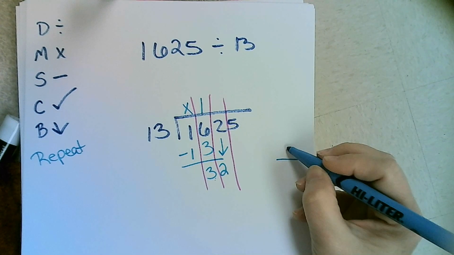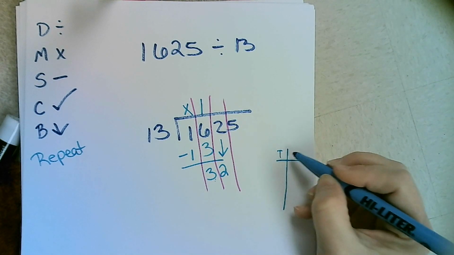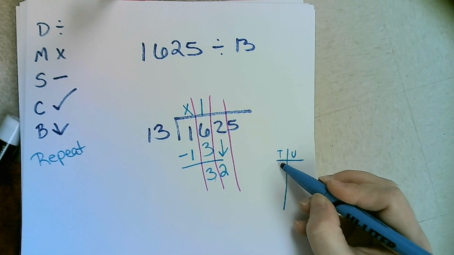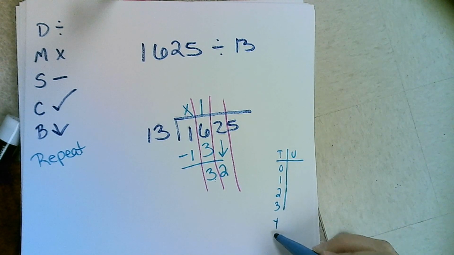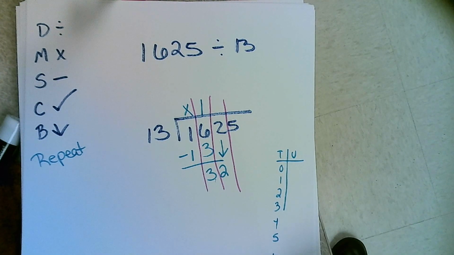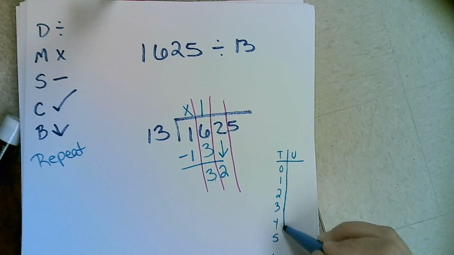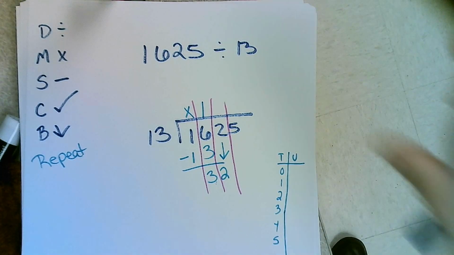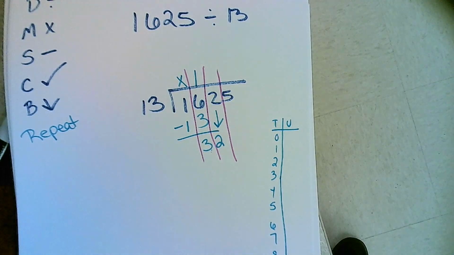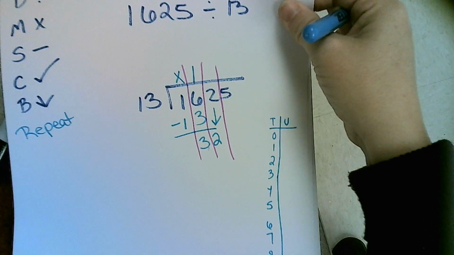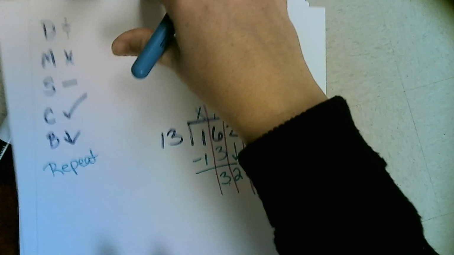Well, if you don't know your 13s, you can make a little chart, and it's always 1 through 9. All right, mine is going to go off the page, but it goes to 9. Okay, it's okay.